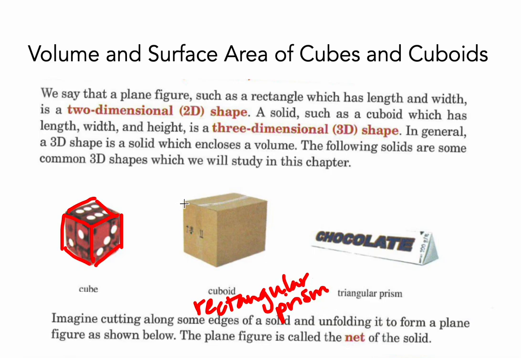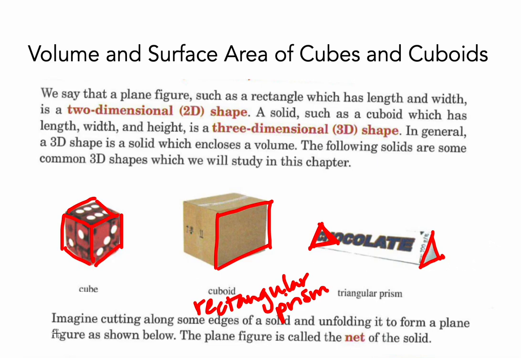So instead of squares all around, you might have squares on opposite sides, but then you have rectangles on the other pairs. This right here is a triangular prism. So if you notice on the opposite sides, there aren't rectangles, but there are triangles. And you probably have seen this type of chocolate bar or packaging before at the store.